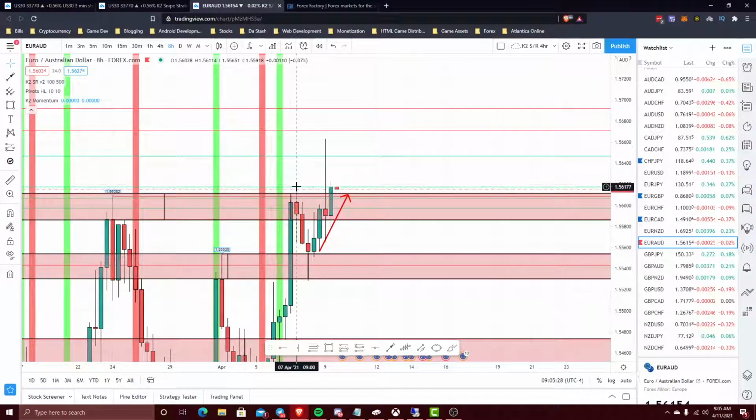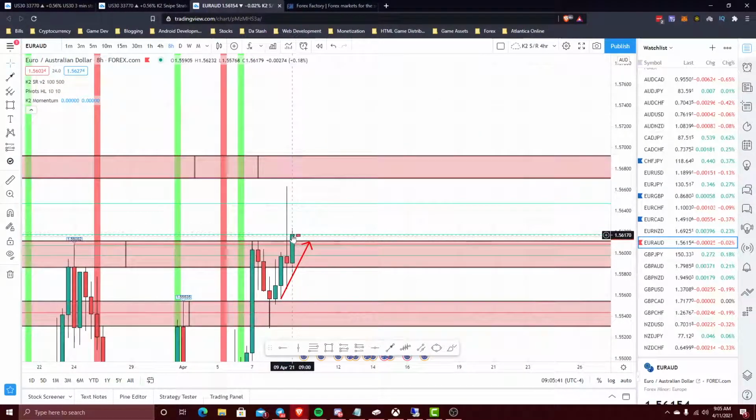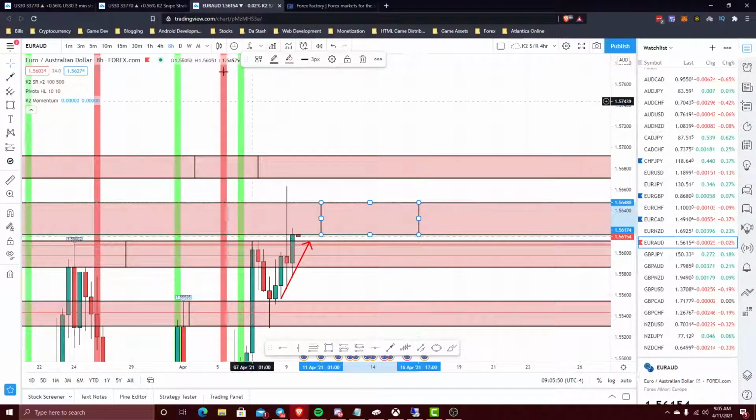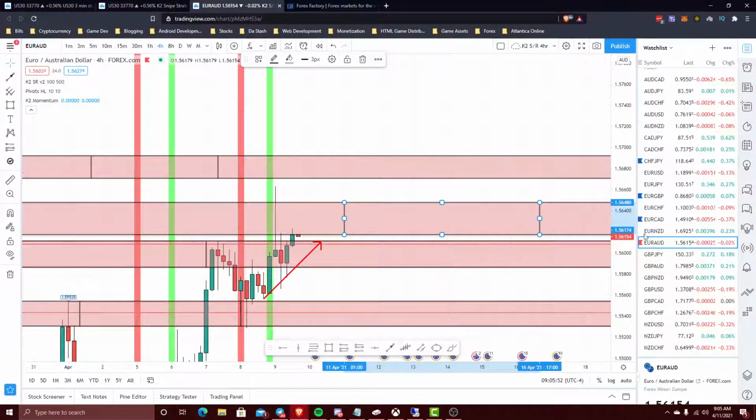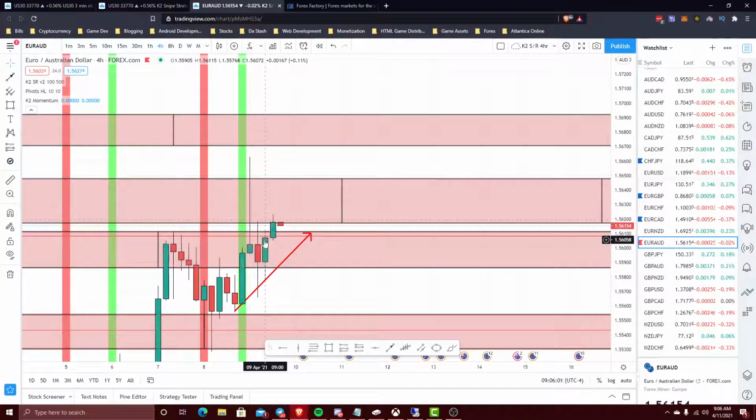All right, so this is the 8 hour. So I see this little zone right here, but yeah, I'm not too sure on this one just yet, because like I said, it tried 1, 2, 3 times to break this zone here, and it failed.